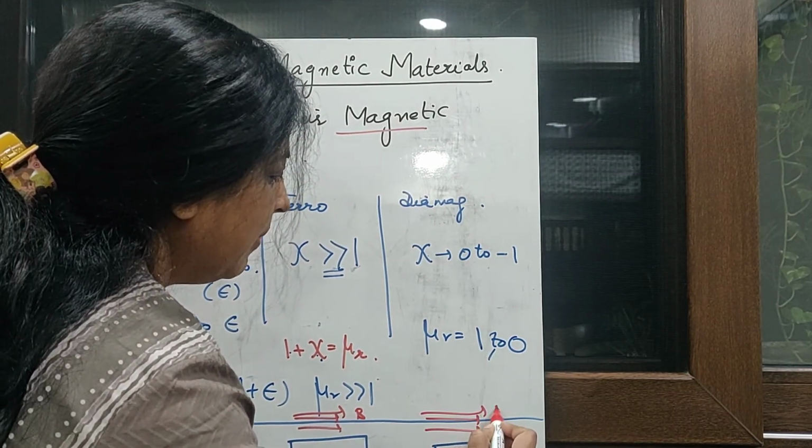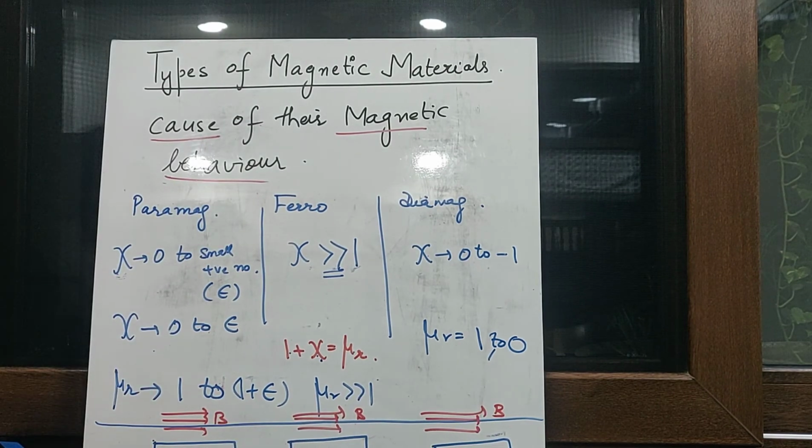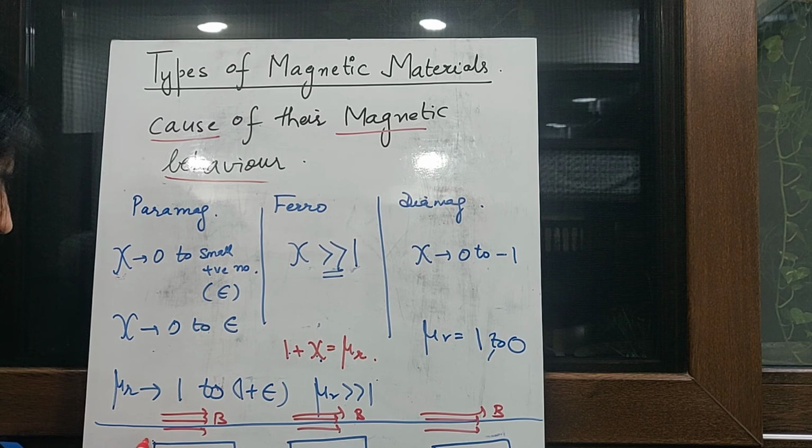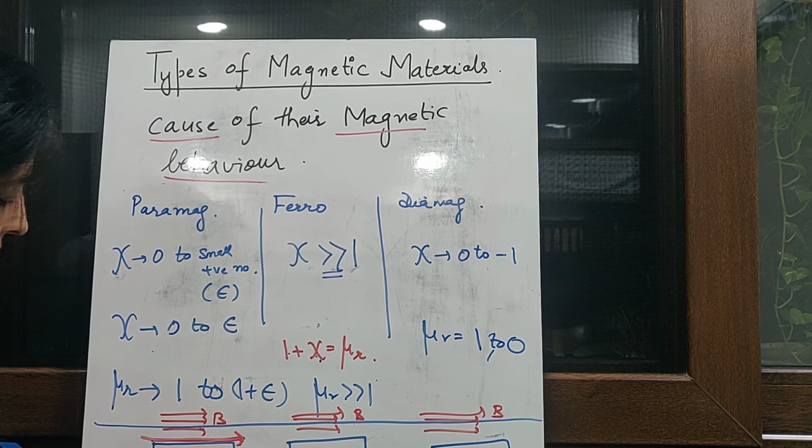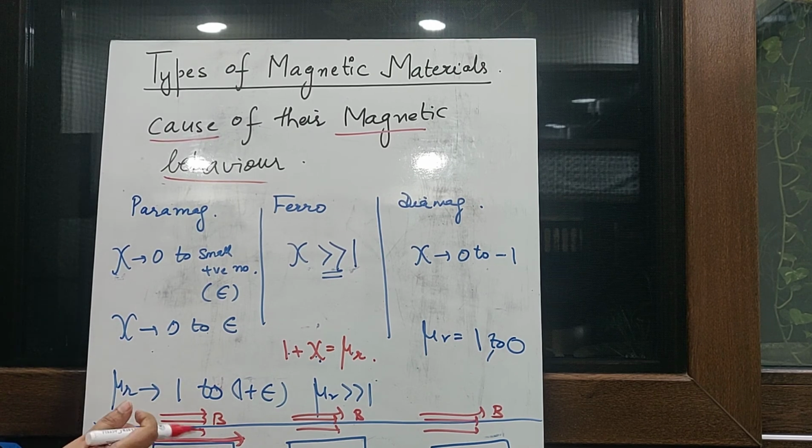Now, how can you show that this is a paramagnetic substance? Some number of lines. So one line you can show is going like this, with a small kink towards the bar, showing that some kink is there, like it wants to go inside the material. You can also show it like this.